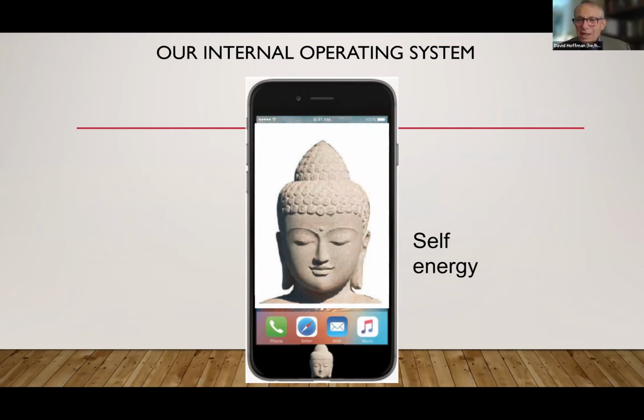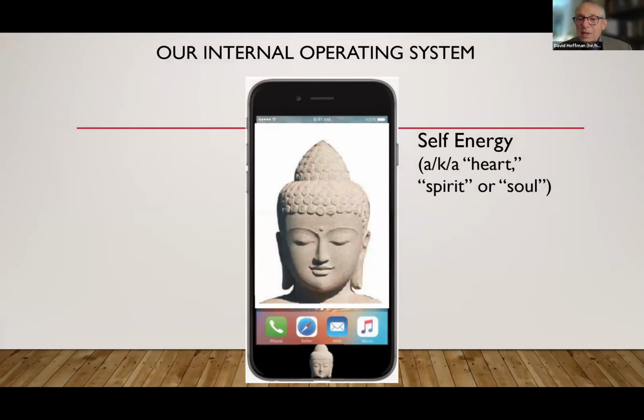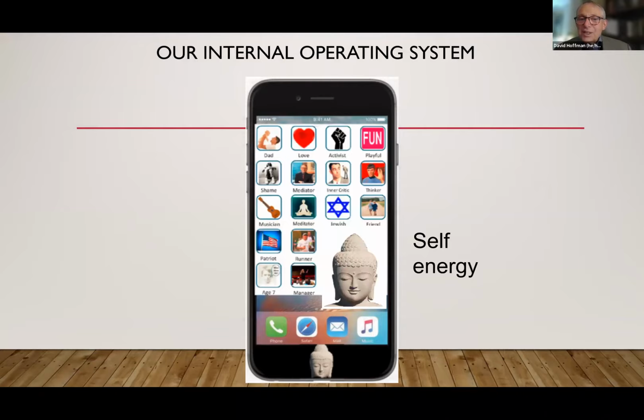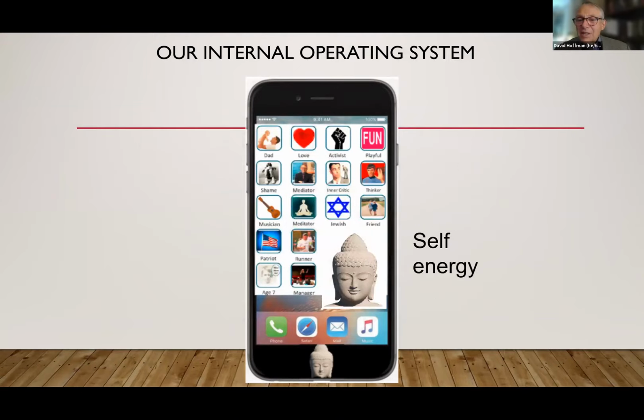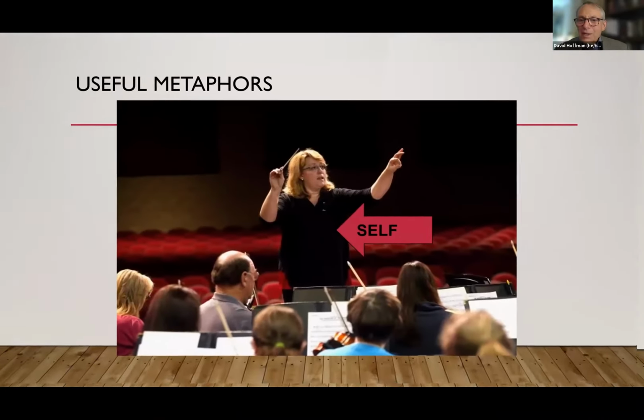My phone no longer has one of those home buttons, but somewhere on my operating system, I activate self-energy when I can, and try to make my self-energy sort of resident in my system. The goal of IFS being to be self-led and to have that self-energy available throughout the day. That is part of my goal.